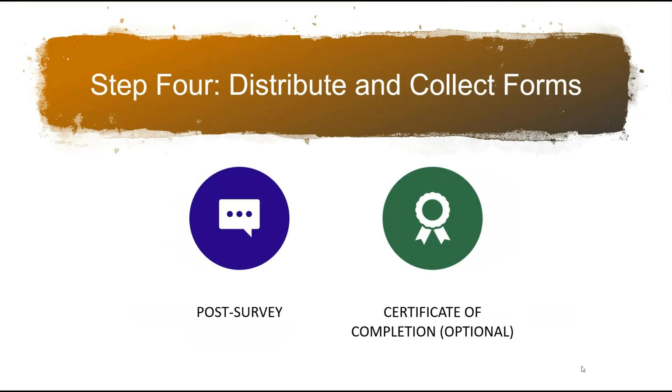Step 4 then is for the last session of the class, and that is to distribute and collect forms again. So on the last class session, you'll distribute the post-survey questionnaire to all participants, as well as a certificate of completion if you have one, or other optional class forms.